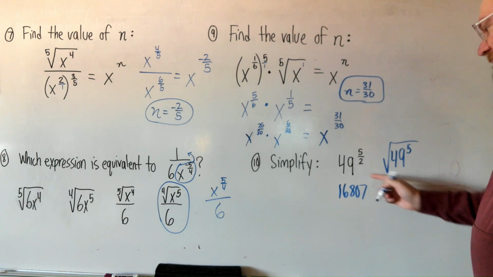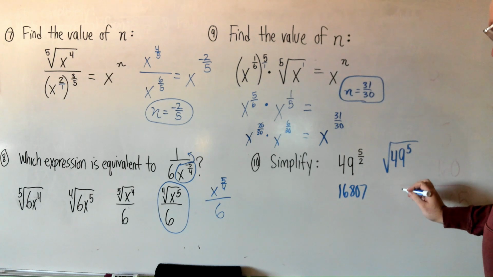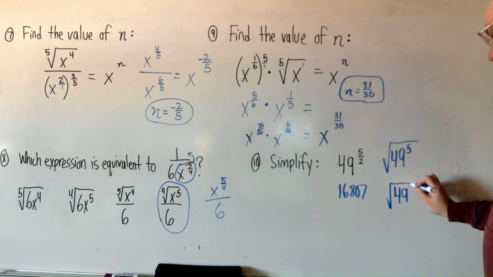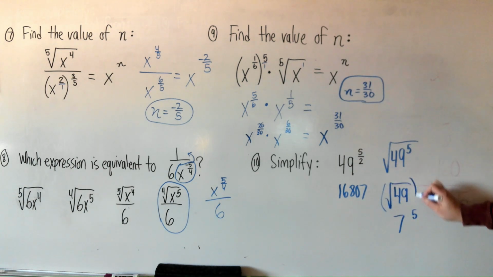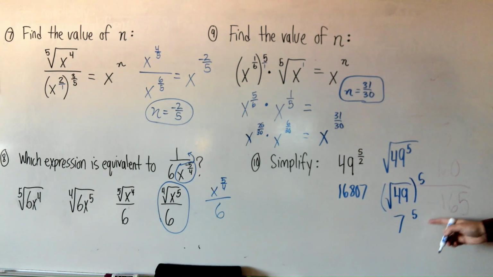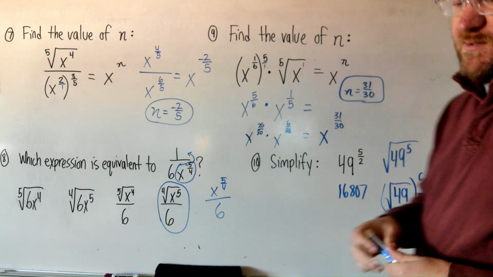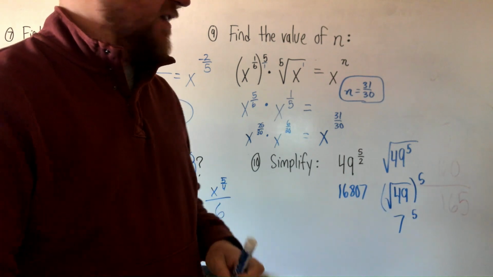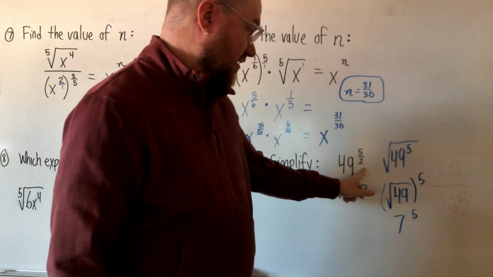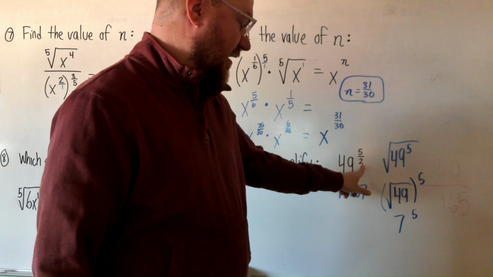Or maybe you need to figure out another way to do this, like 49 square rooted, which is 7, and then raise it to the 5th power. So 7 to the 5th power must be 16,807, right? So when you're dealing with this fractional exponent, you can do it in any order you want.